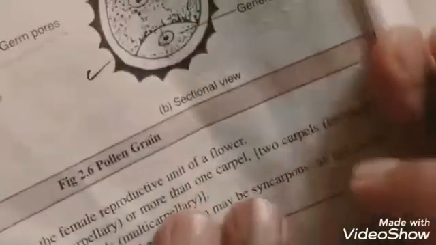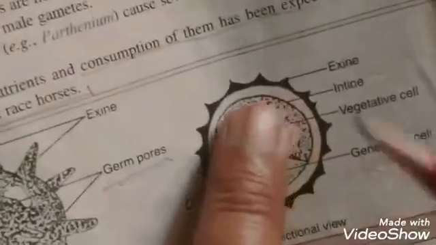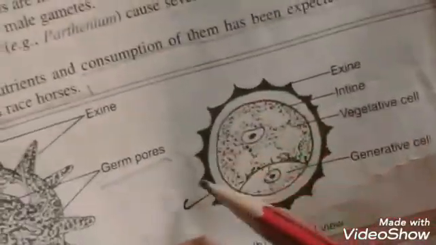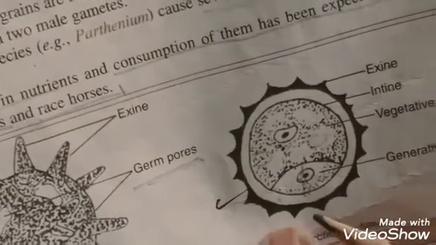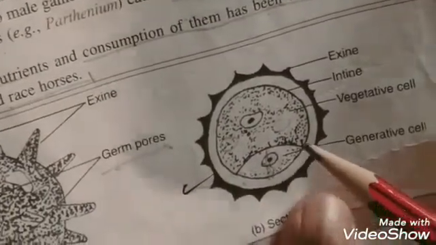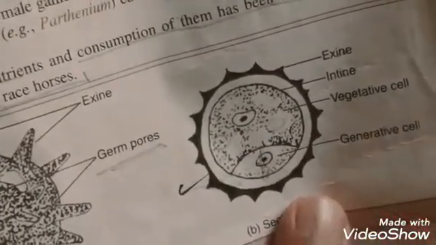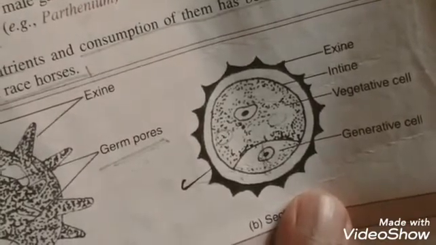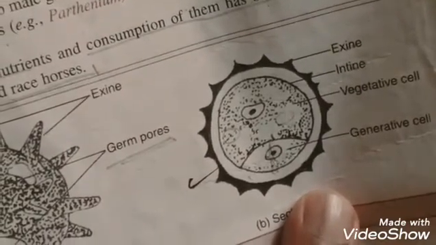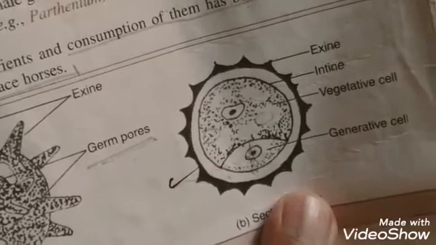The exine, that is outermost layer of pollen grain, is made up of a highly resistant organic material called sporopollenin.